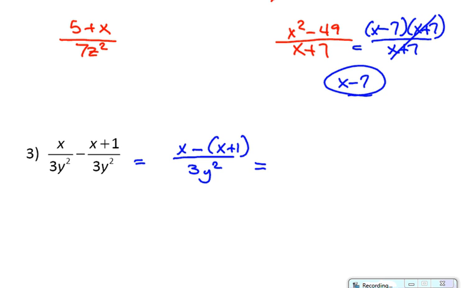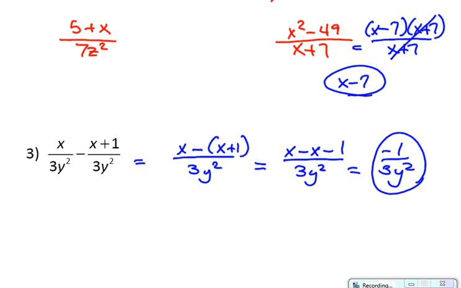So I will need to distribute that minus, and I'll get x minus 1 over 3y squared. And that simplifies to negative 1 over 3y squared. And those are just some simple examples of adding and subtracting fractions.